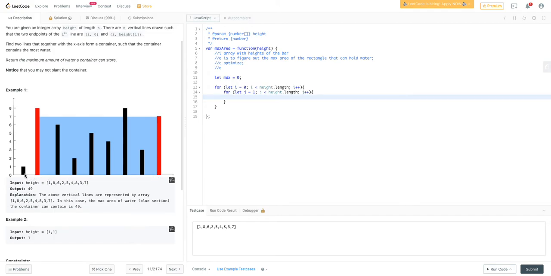So 8 minus 0 is 8. In this case, our width would be 8. But as for the height, the height is 1. So it would be 8 times 1 for our first case. So let's say let area equal to.